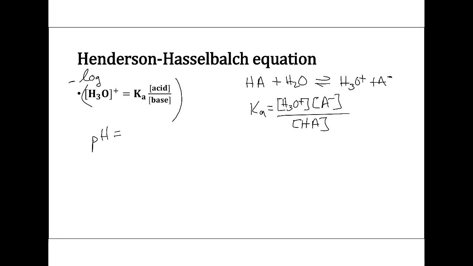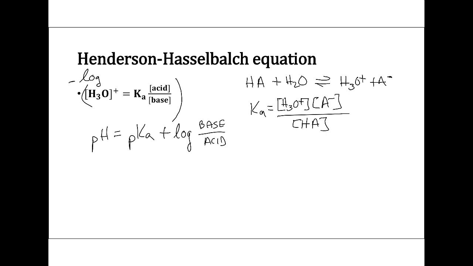So the negative log of H3O plus gives us pH equals, well, the negative log of Ka is pKa. And then, since we'll have the minus the log of acid over base, we're going to actually change that. So then it's plus the log of base over acid.